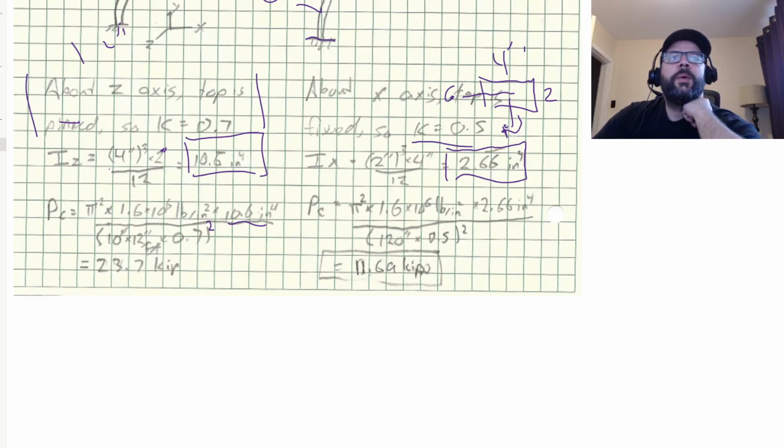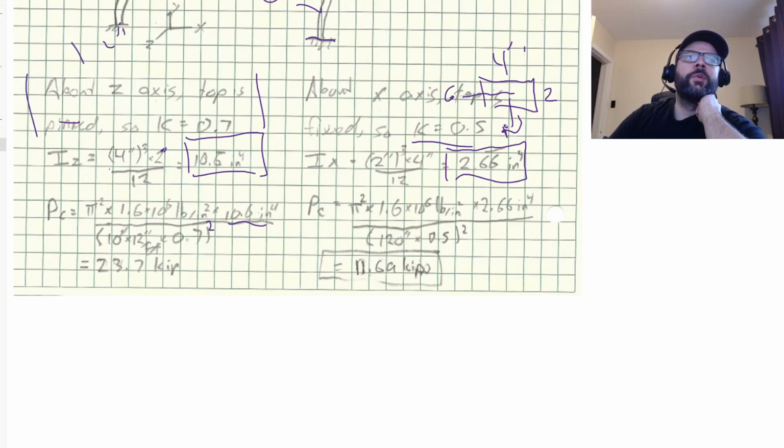Anyways, the effective length there, it's 10 feet, so 10 feet times 12 inches per foot gives us 120 inches, times the 0.7 factor gives us 84 inches. So all that on the top divided by 84 inches squared, and all the inches cancel out.